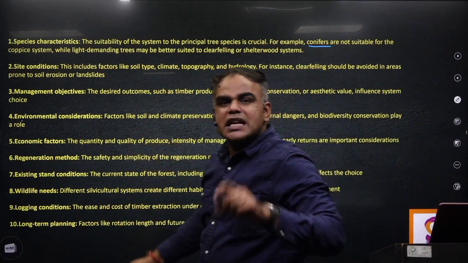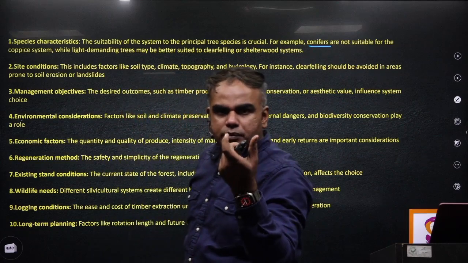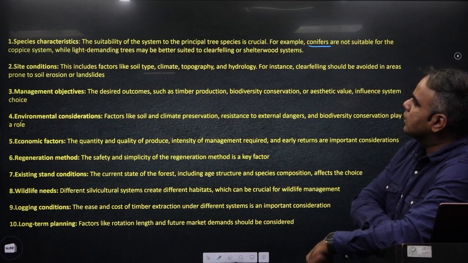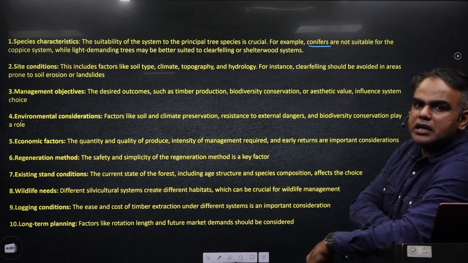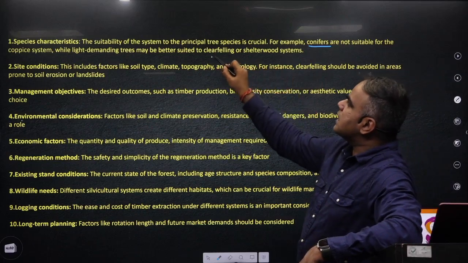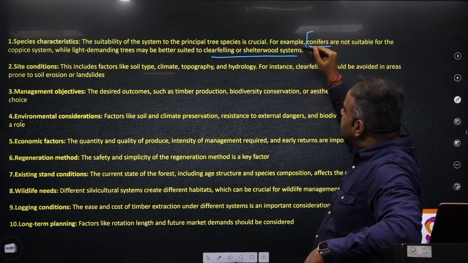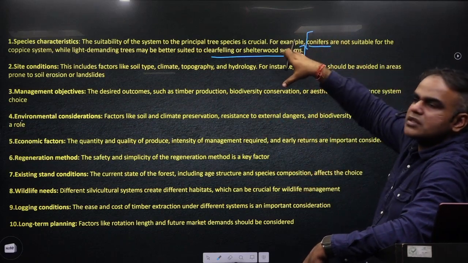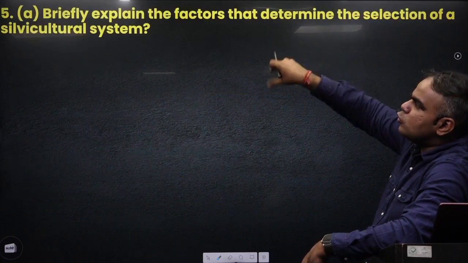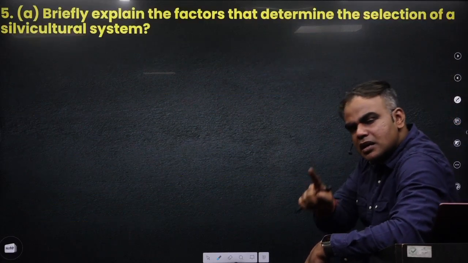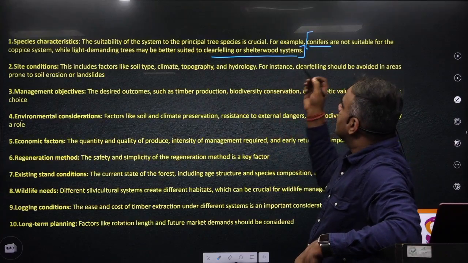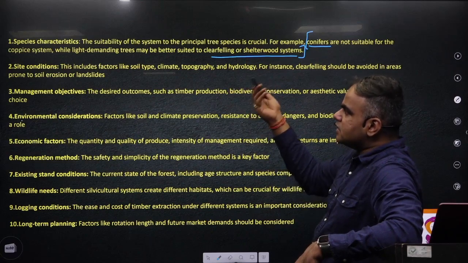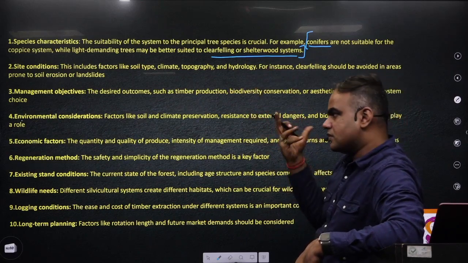Similarly, light demanding trees are better suited for clear felling. These are the parts you should underline and write down. If you know the species characteristics, then you will choose the appropriate silvicultural system. Conifers are not suitable for coppice, and light demanding trees may be better suited for clear felling or shelterwood. That is one example.